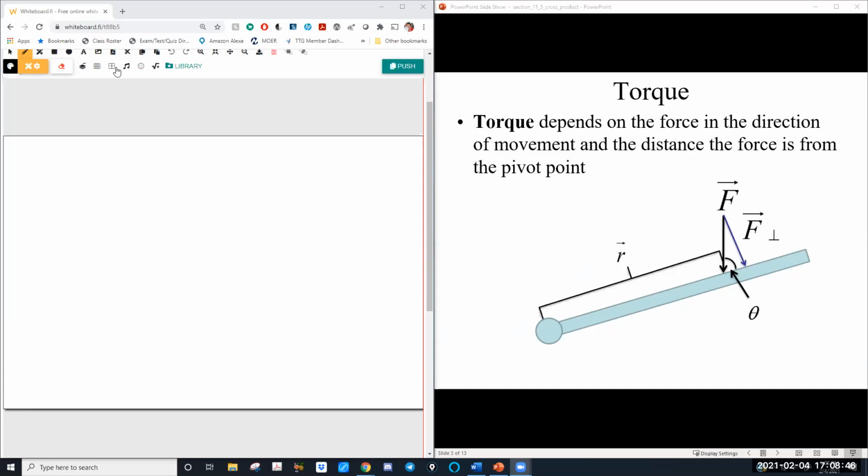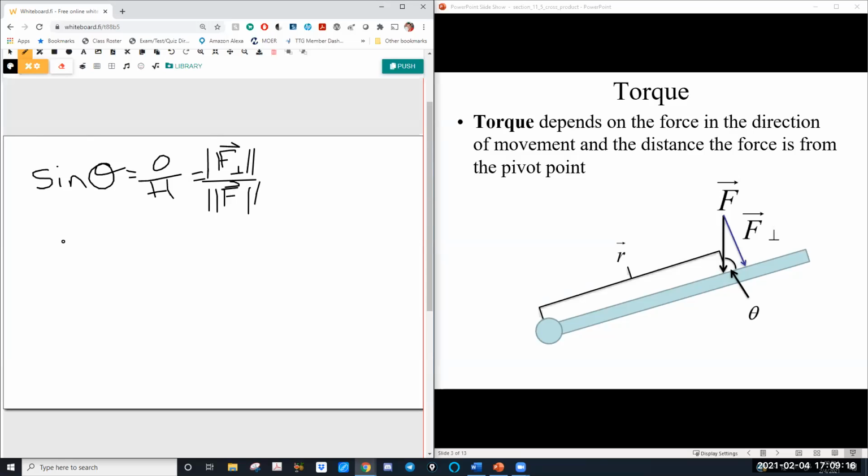So just as a little reminder, right? Sine theta is opposite over hypotenuse, which for us, the opposite side is this F perpendicular over F. And I should have magnitude signs in there, because it's the magnitude of those vectors, because we want a scalar quantity.